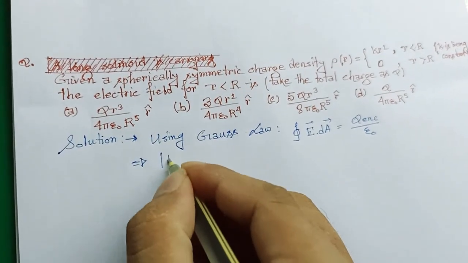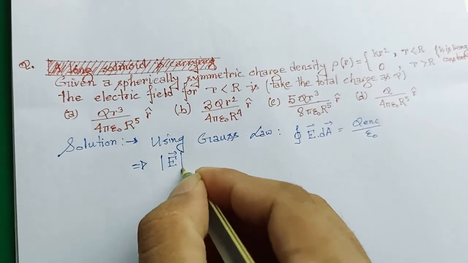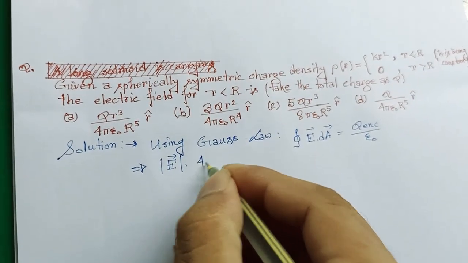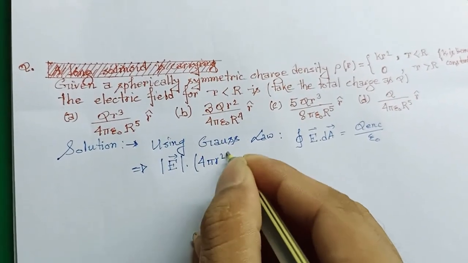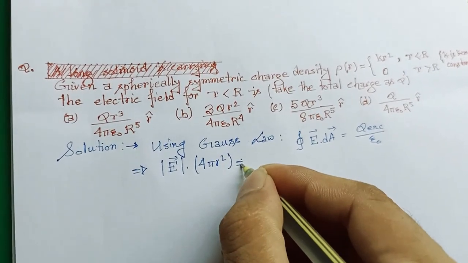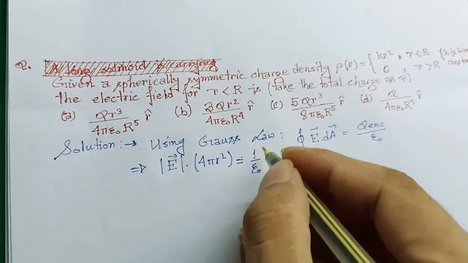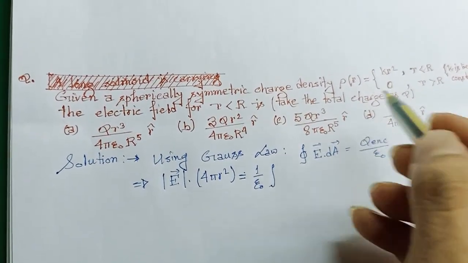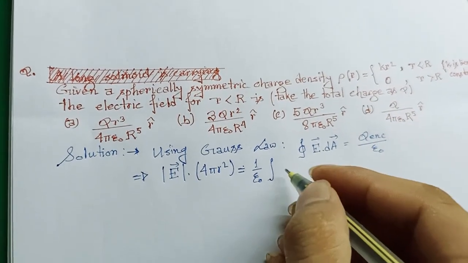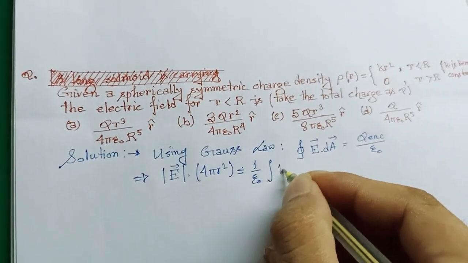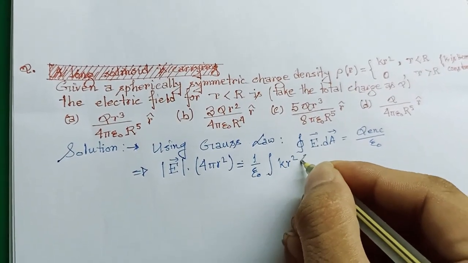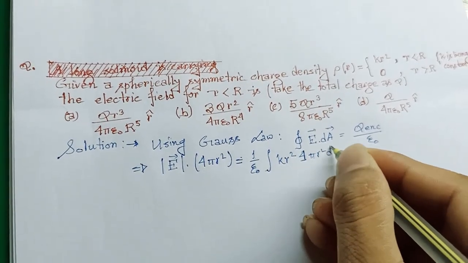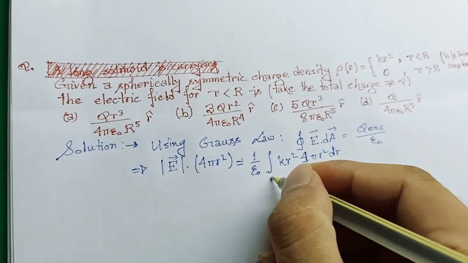So from this relationship we can write magnitude of E into the surface area of a sphere, 4 pi r square. So E into 4 pi r square will be equal to 1 divided by epsilon naught into the integration of rho of r, which is given as k r square, into 4 pi r square dr, with limits from 0 to r.